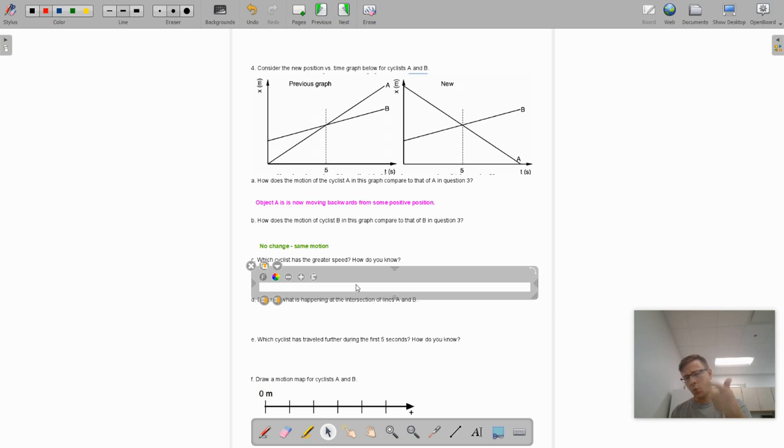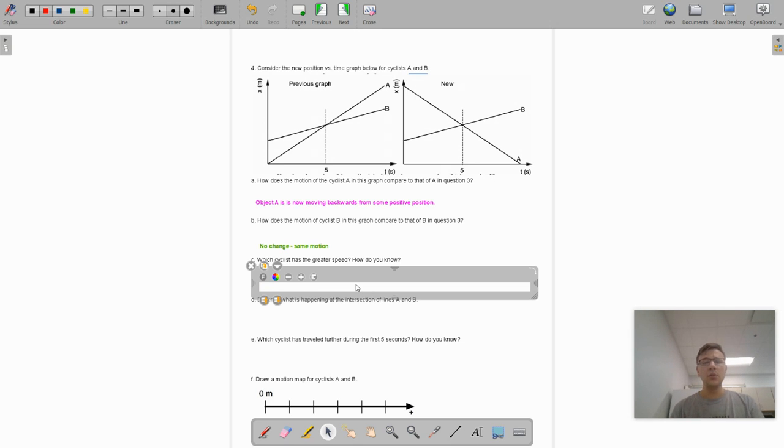So with this one, again, we're looking for steepness of slope, whether it's steep going up or steep going down. In this one, the slope of A is still steeper than the slope of B, which means that it has a greater speed. If we were talking about velocity, then B's velocity would be positive, A's velocity would be negative, because they're going in opposite directions.